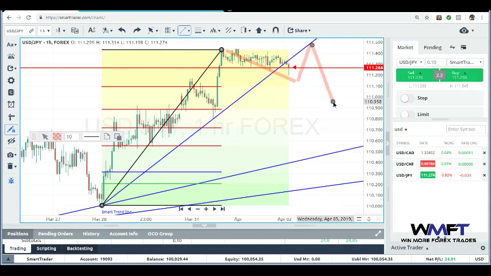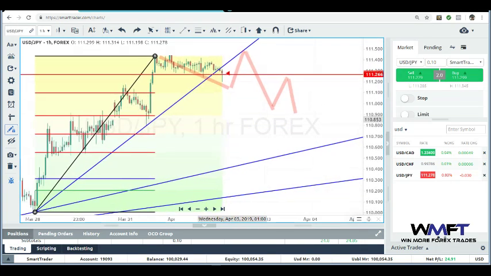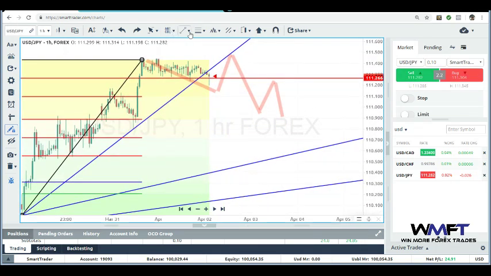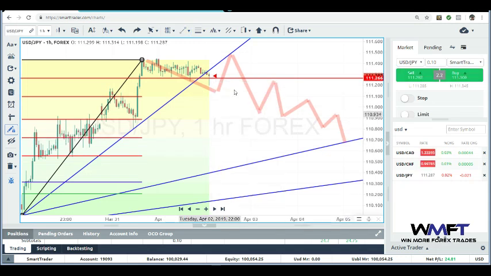Then the market starts to fall, and it'll continue to wave like so, and it'll go all the way down to this trend line. The power of trend line trading: the market breaks the trend line, it will gravitate towards the next.